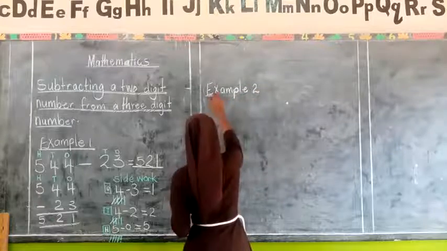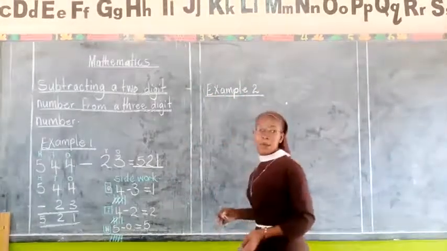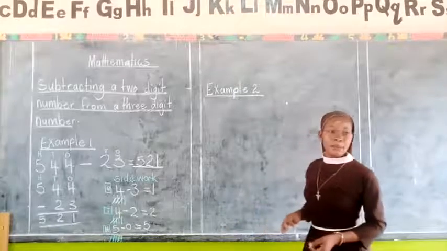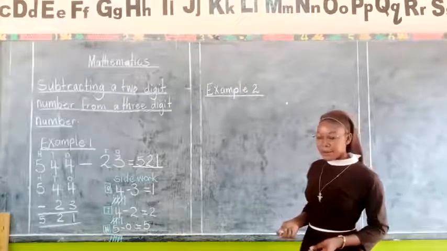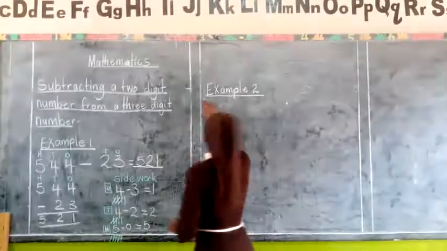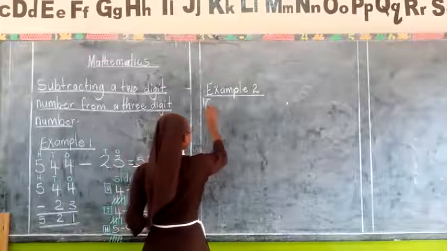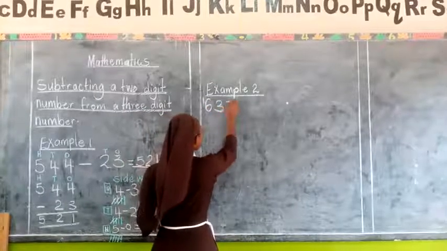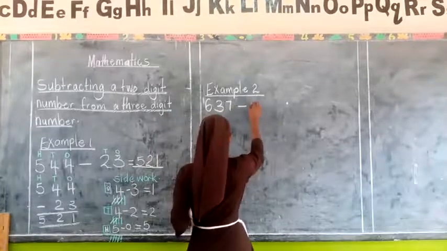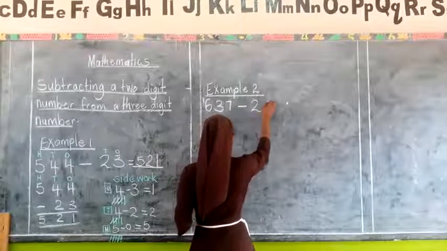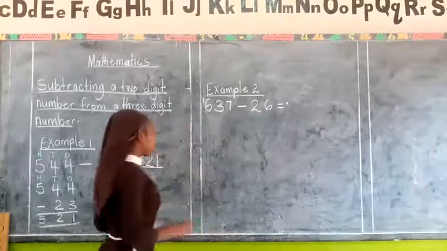In our example number 2, we are supposed to get a 3-digit number and a 2-digit number. We shall use 637 take away 26 as our example number 2.